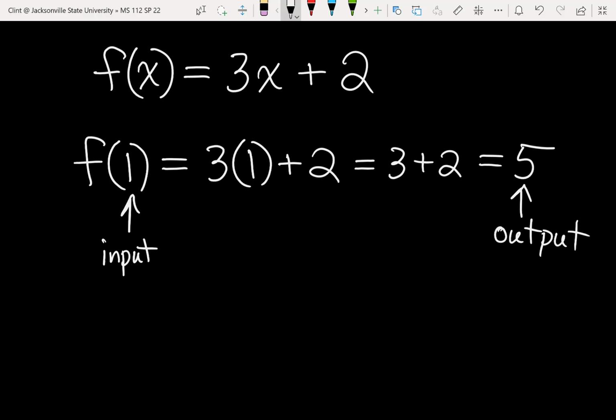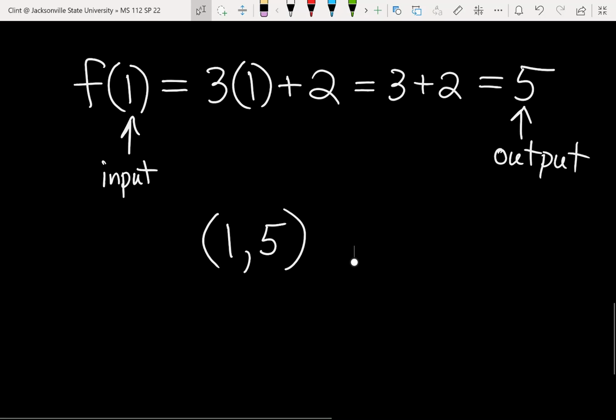So another way of saying the same thing is we could write our input as the x coordinate of an ordered pair. And then we can write our output, which was 5, as the y coordinate of an ordered pair. So we're saying when we use f, an input of 1 gives us an output of 5.